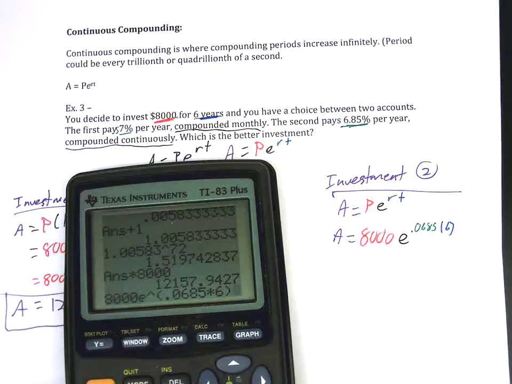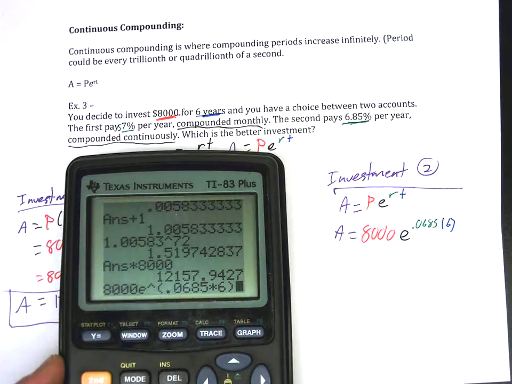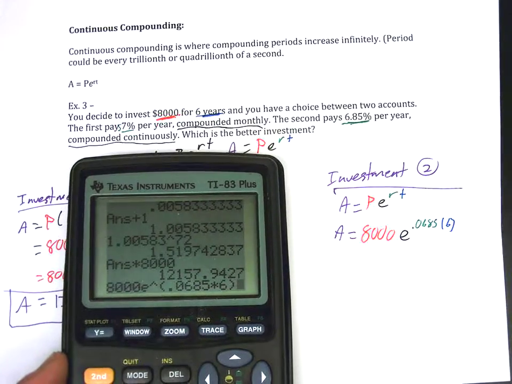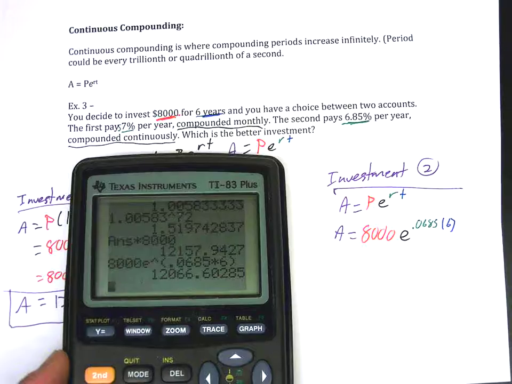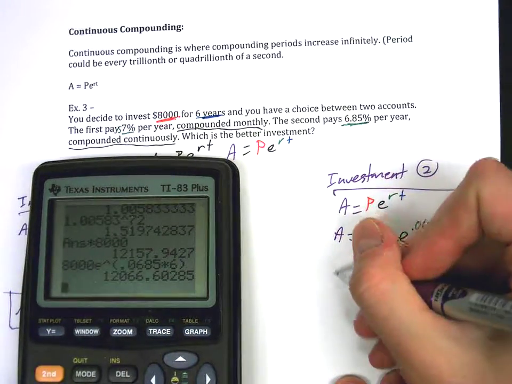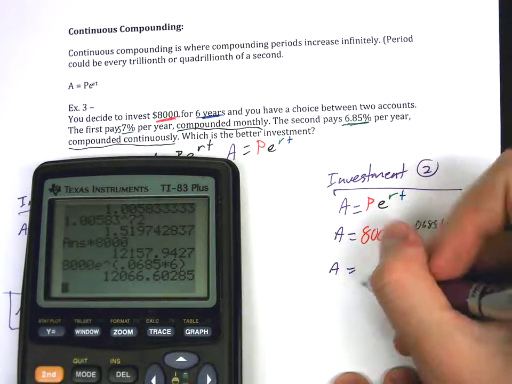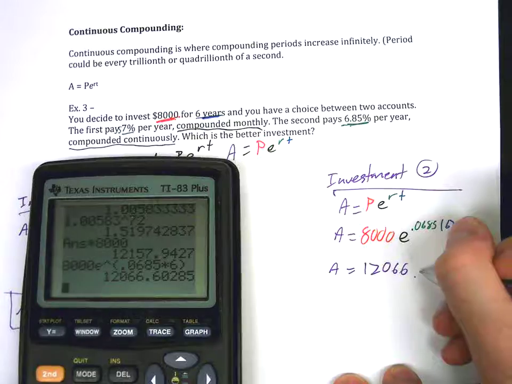And you want to make sure when you do the end of it, go ahead and close that parenthesis, because if you don't close that parenthesis, sometimes it will give you a weird answer. So if we hit enter on that, that's going to give us that our future value for continuous compounding will end up being $12,066.60.